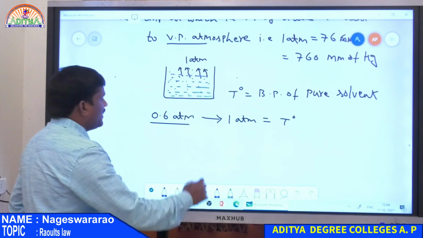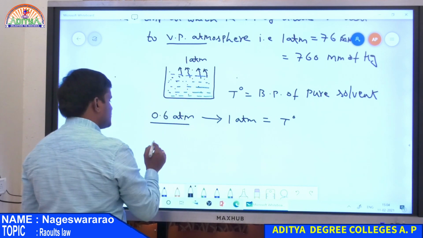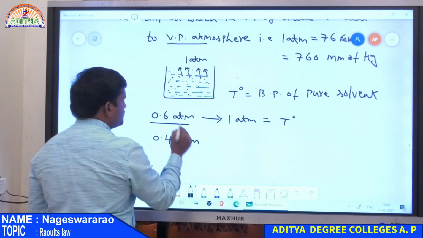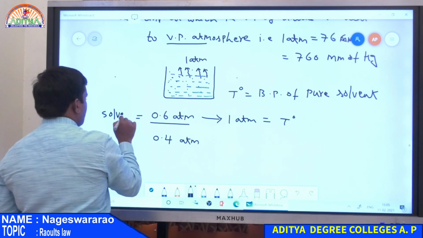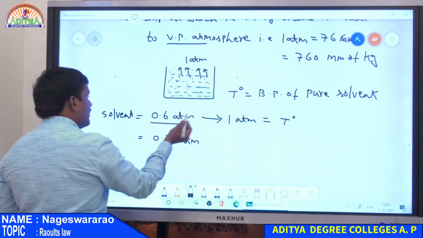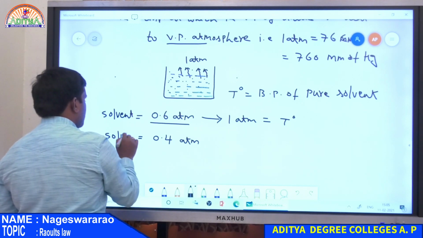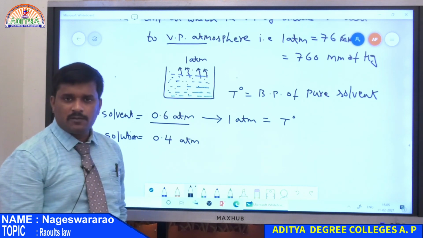Now when a non-volatile solute is added, the vapor pressure decreases. Suppose it decreases from 0.6 to 0.4 atmospheres. The solvent with the solute added becomes a solution having only 0.4 atmospheres.